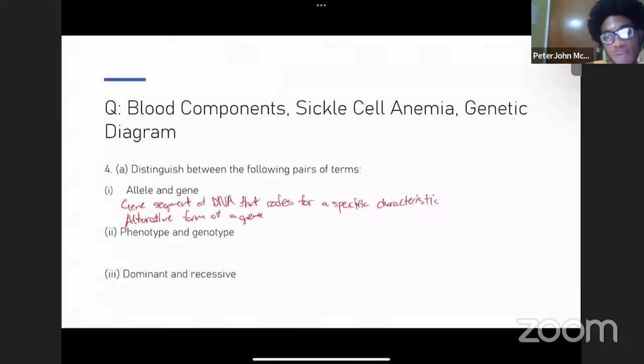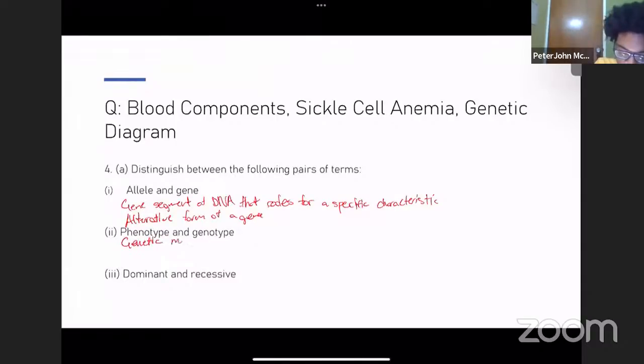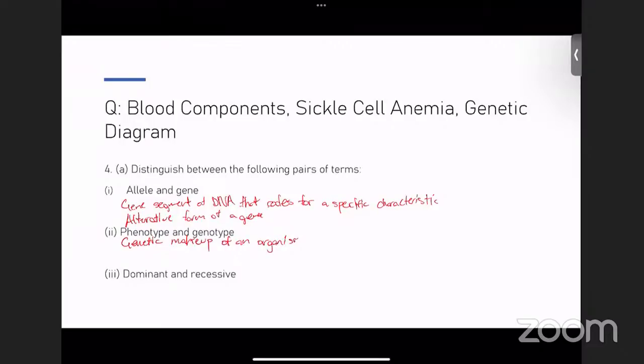So what's phenotype and genotype? Define genotype first. It's funny, they gave you the one. You shouldn't define phenotype first. The genetic makeup of an organism. Perfect. Define phenotype. The physical aspects due to the genotype.